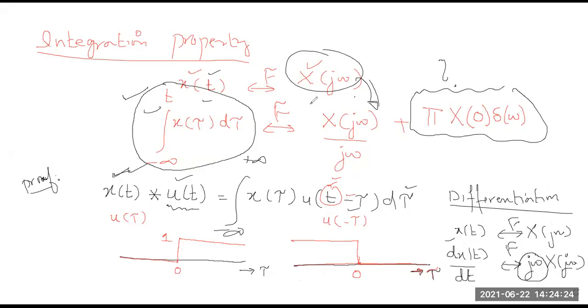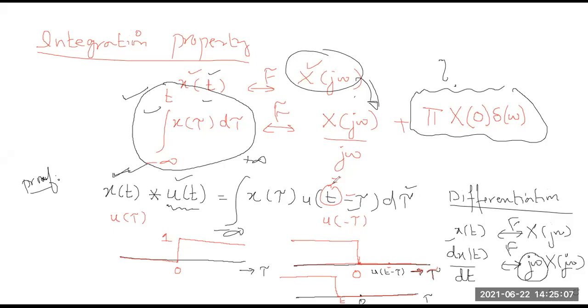So with respect to tau, if I plot u of t minus tau, rather than at 0, our signal is now going to be like this. And this is the value of t. After t, it is equal to 0. So I've considered the case where the signal is shifted towards the left. You can also consider the case when t is such that the signal is shifted towards the right, but again, we will get the same result.